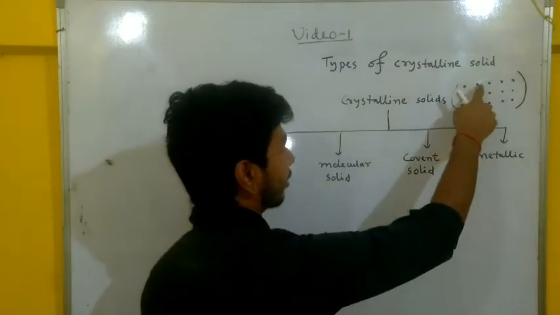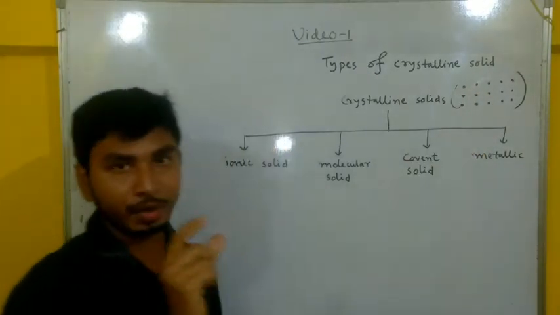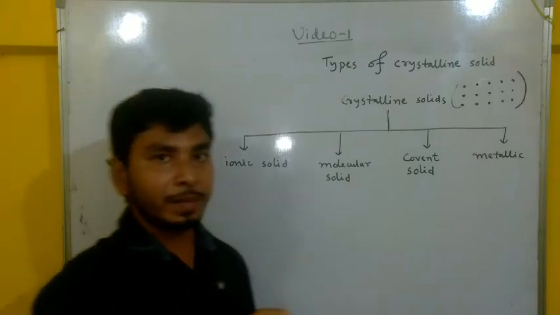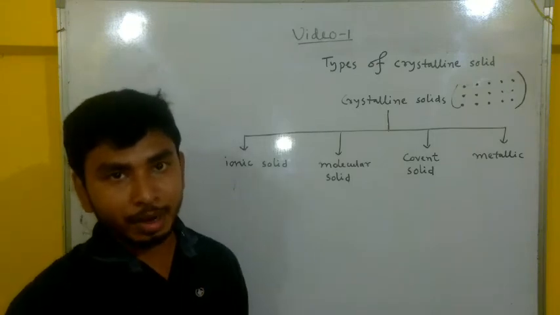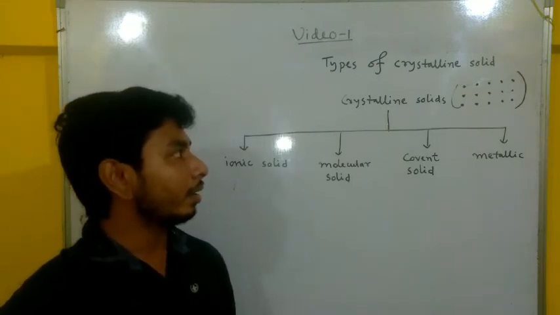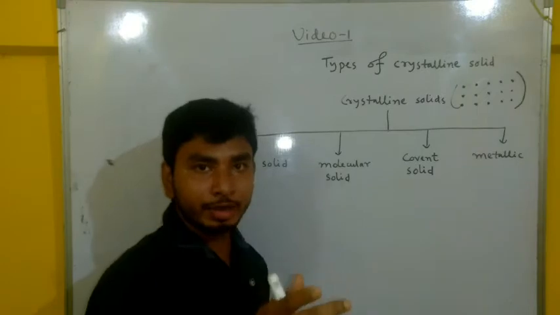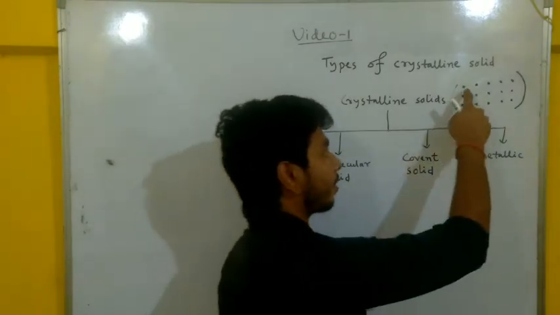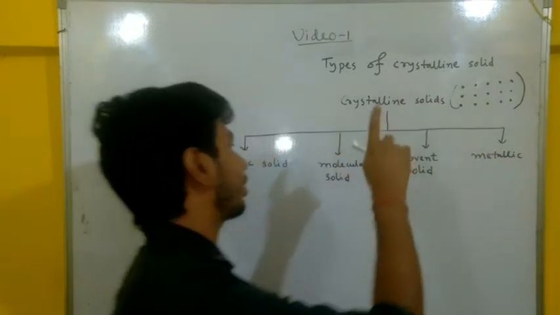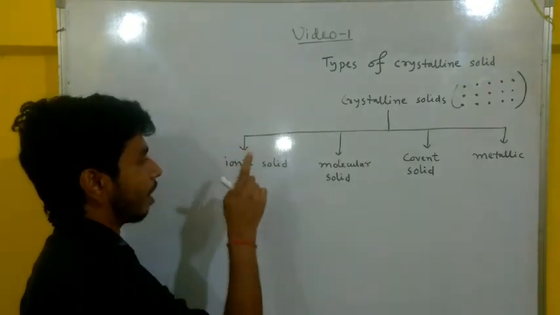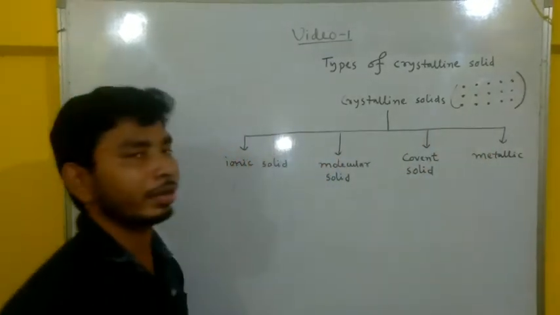So depending upon the nature of these particles, and between the two particles there is some kind of attraction. It may be ionic attraction, dipole attraction, or ion-dipole attraction. So depending upon the type of attraction between the particles and the nature of the particles, the crystalline solid is divided into ionic solid, molecular solid, covalent solid and metallic solid.